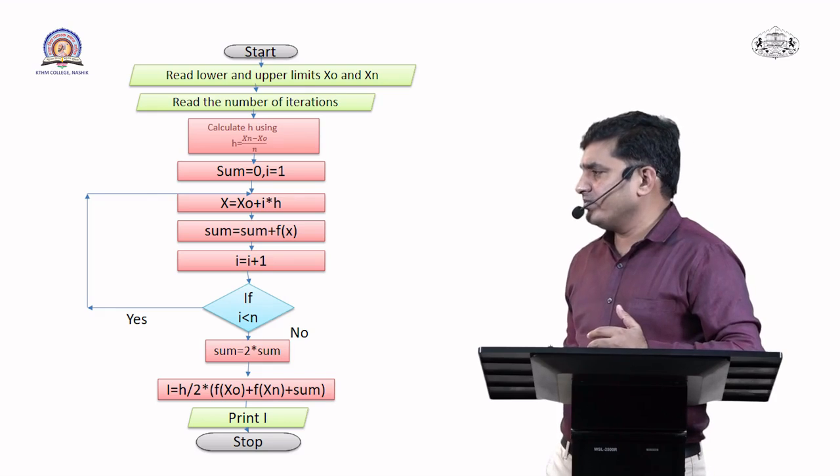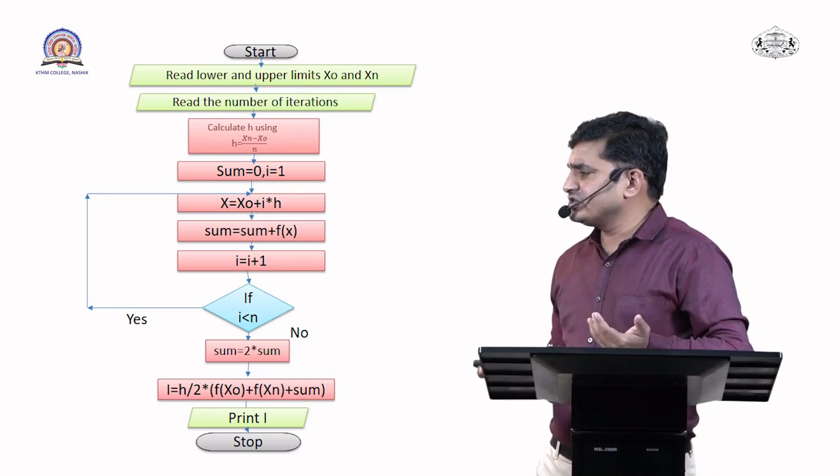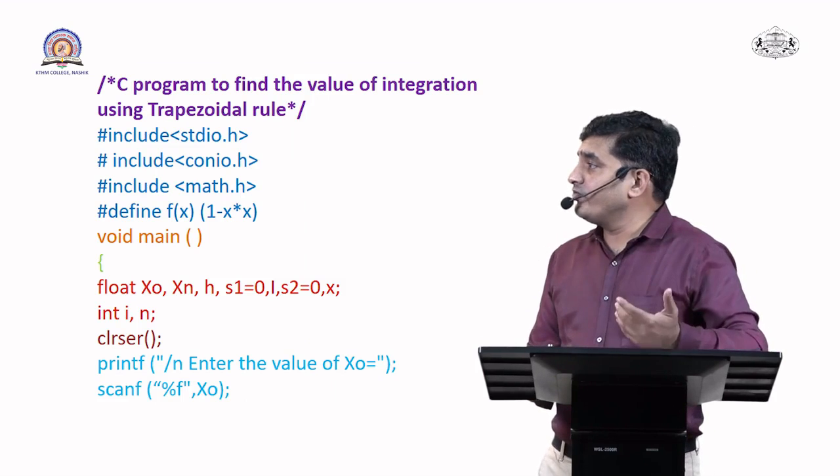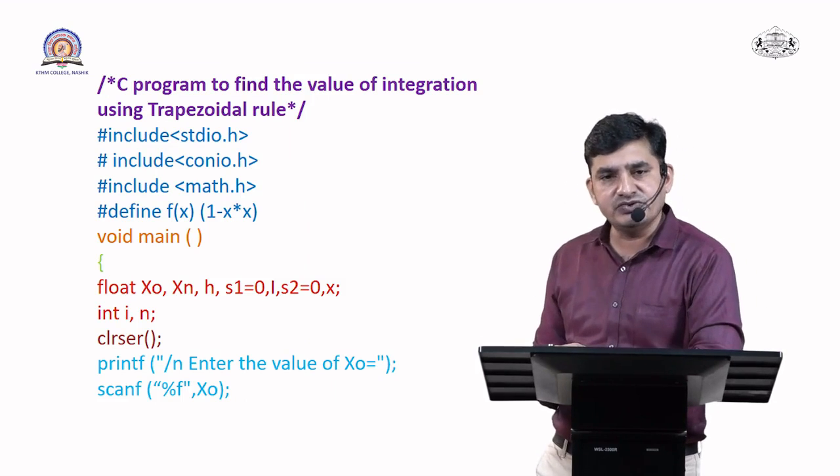Then print I and stop. This is the flowchart. Now we have to see the program to find the value of integration by using the trapezoidal rule.